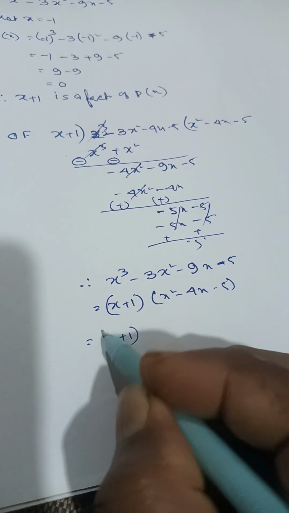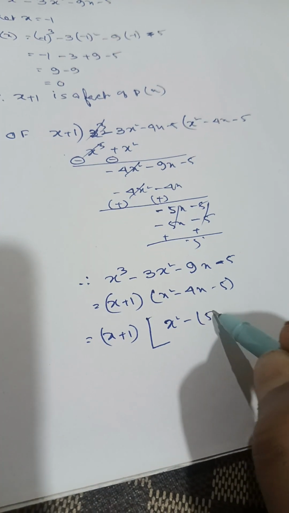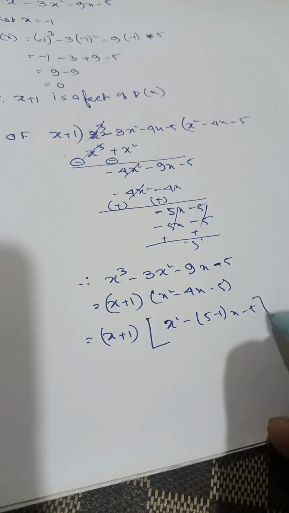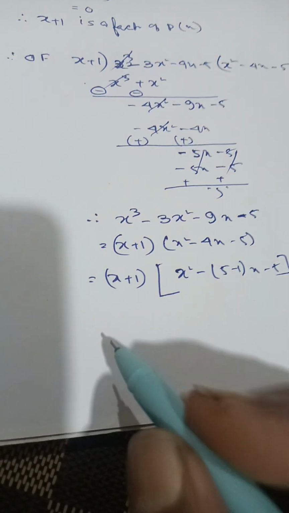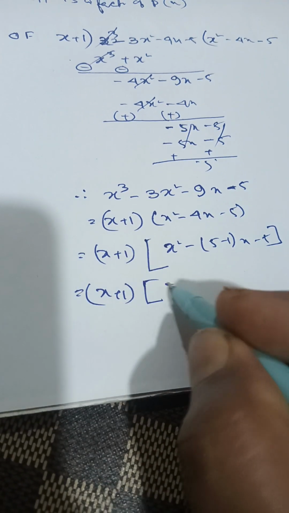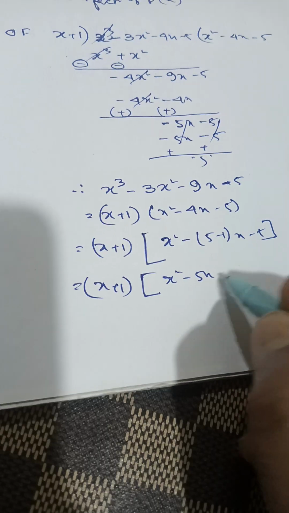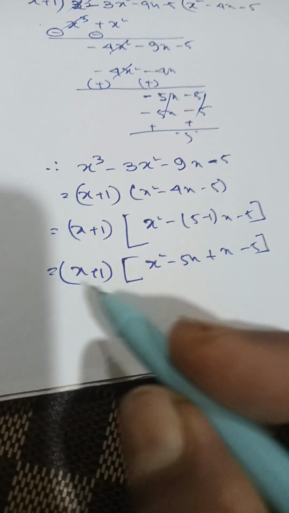Now you do the middle term split of the second part. It can be written as, in place of 4 I have written 5 minus 1 because 5 minus 1 is 4. Therefore x plus 1 I have written, here you write x square minus 5x plus 1x minus 5.